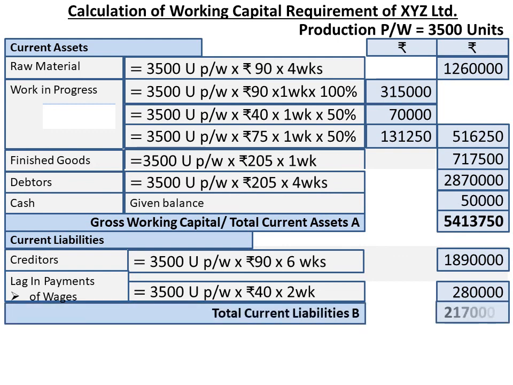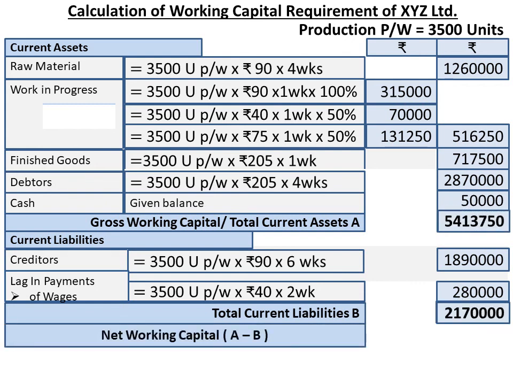Now take total of current liabilities. So rupees 18,90,000 plus rupees 2,80,000 equals 21,70,000. Now to arrive at net working capital, deduct total current liabilities rupees 21,70,000 from total current assets rupees 54,13,750.